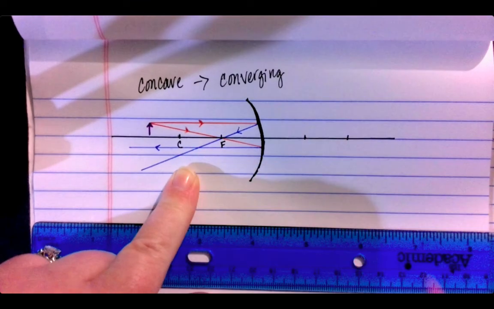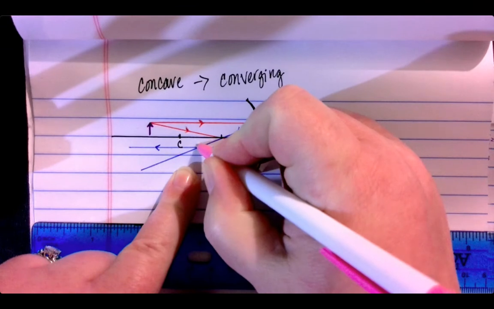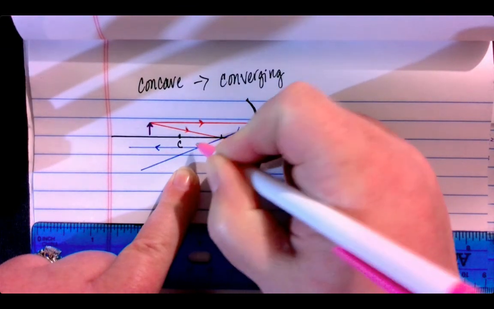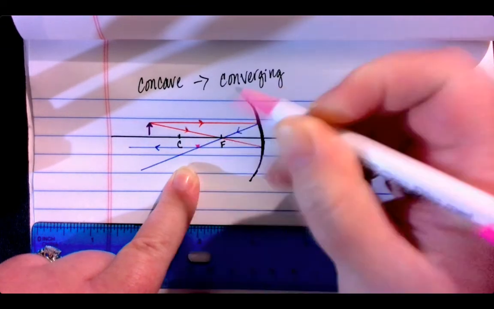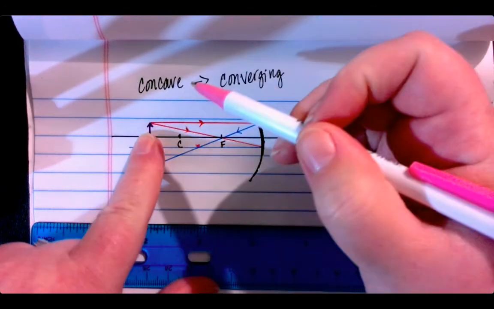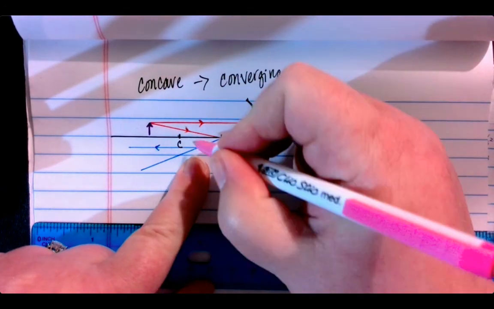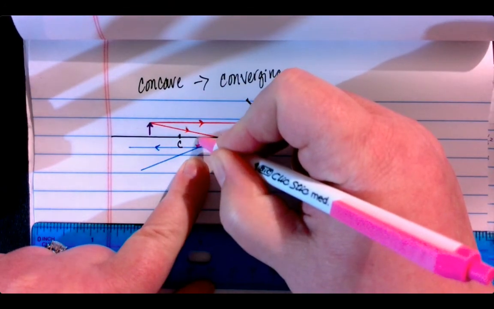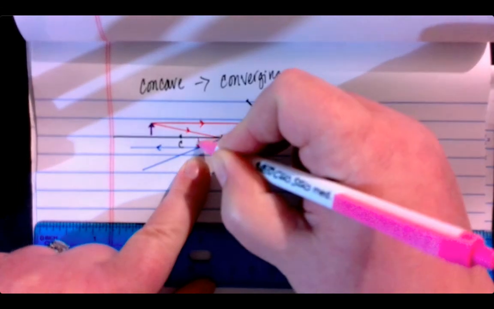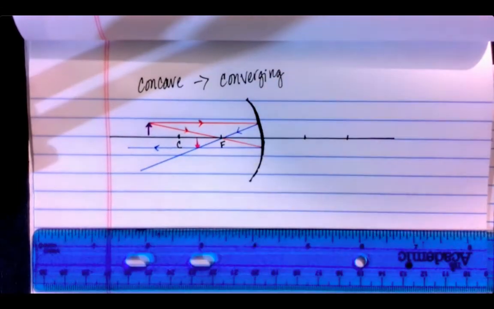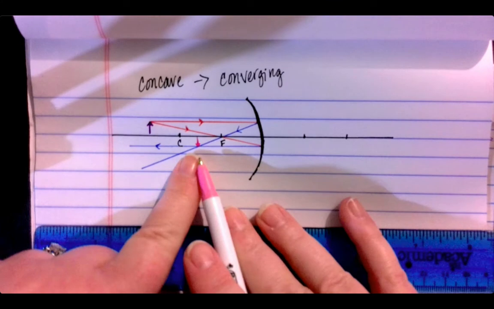And that's going to be where the tip, because remember, these are coming from the tip of the arrow, my object. So that's going to be where the tip of the image is. And the image will always start at the primary axis and then go to the tip, where the lines of the reflected rays meet.